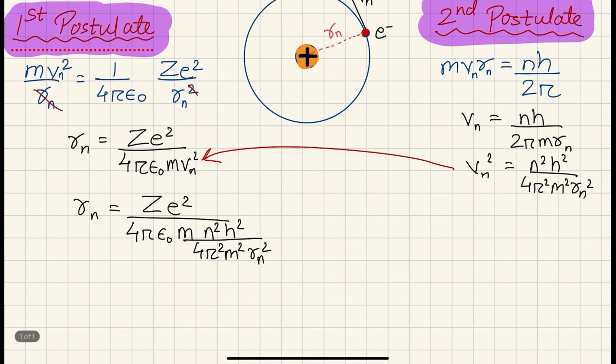Now let us simplify this. I can cancel this 4 with this 4, the pi with the pi squared, and m with the m squared. Writing the remaining part by taking this onto the numerator, I simply get Rn to be Z e square pi m Rn squared over n square h square epsilon naught.